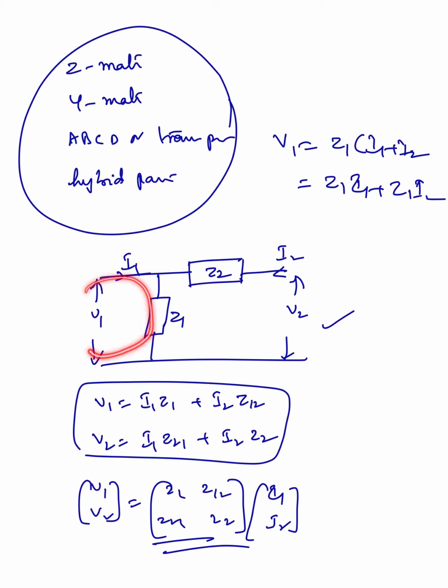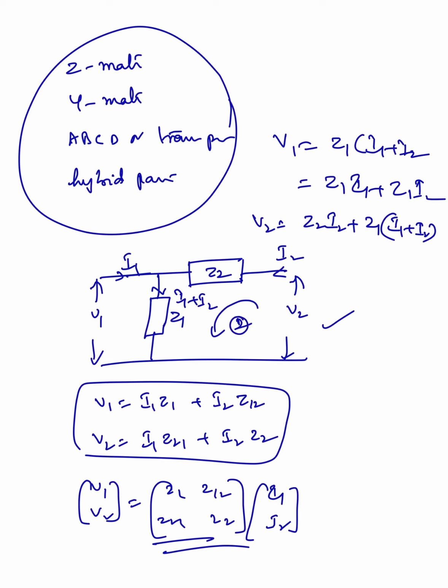Here also I am writing KVL. Now V2 is Z2 I2 plus Z1 times I1 plus I2. See the current in this is I1 plus I2. This is the second loop, this is one loop. Now Z1 I1 plus Z1 plus Z2 I2. No, sorry, this is I2.